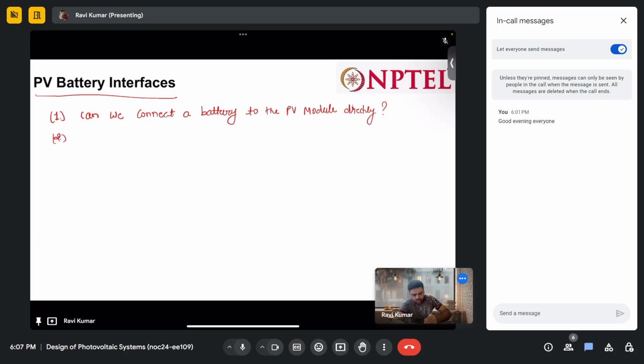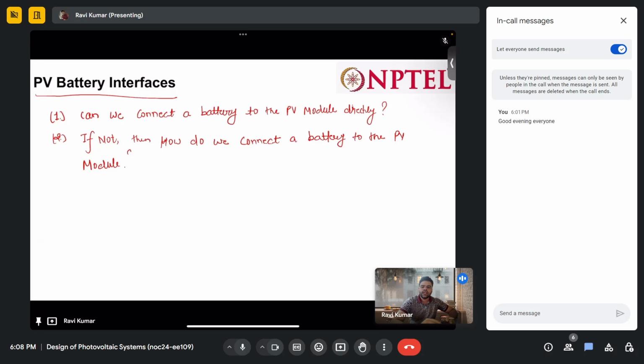Second, if not, then how do we connect a battery to the PV module? First of all, we will see whether we can connect a battery directly to a PV module, and then we will see, if not, how we can connect a battery. So this is the agenda for today's class.